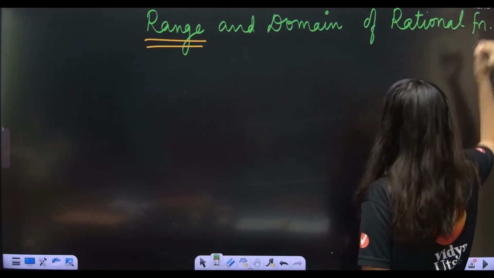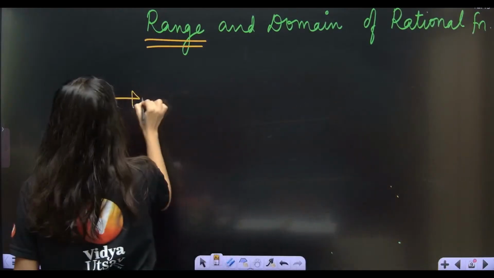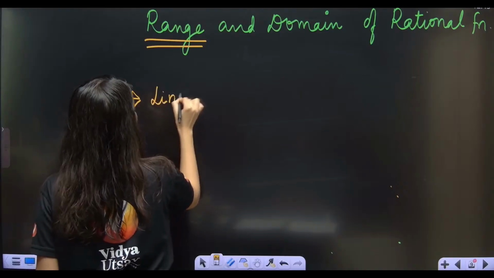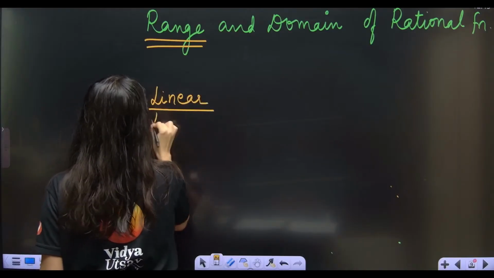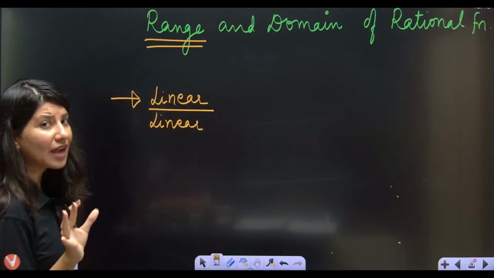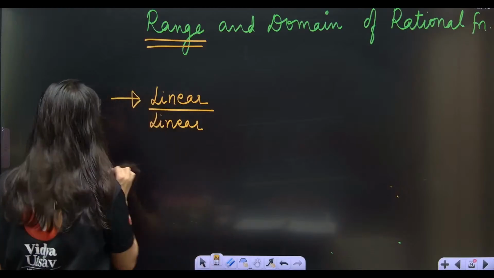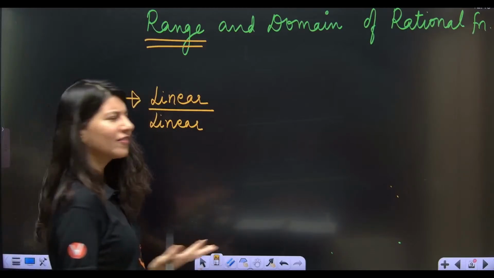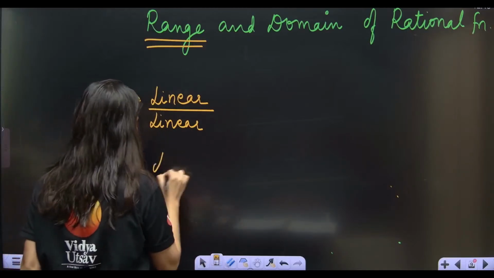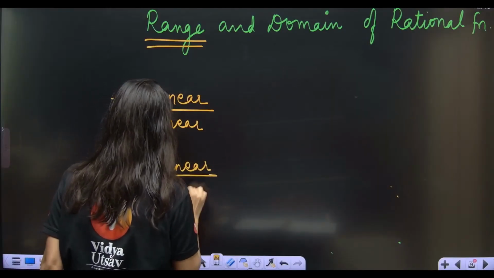Rational function. So linear by linear is also a rational function. By the way, we have handled linear by linear before, and I have given you a ninja technique to calculate the range of linear by linear. Don't worry, we'll revise it. Then we have linear by quadratic. This is also a rational function.